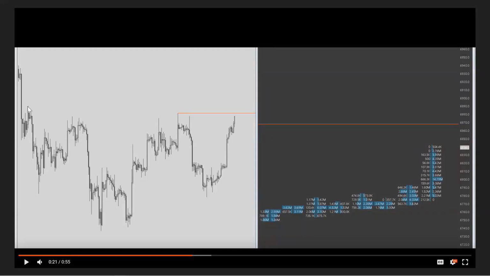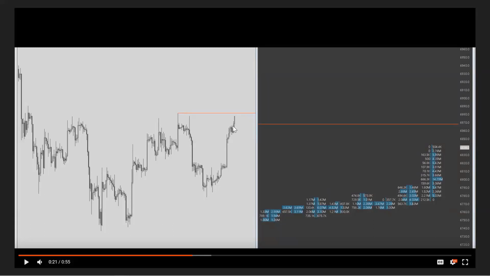You've defined the structure which is holding down price. You've made an assessment of whether or not you think that's weak. In this case, price has spent quite a long time trading up at that level, so it's likely kind of washed out. And above that, you've got nothing. Okay.